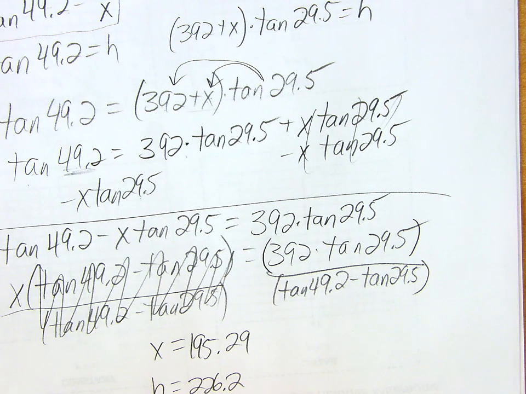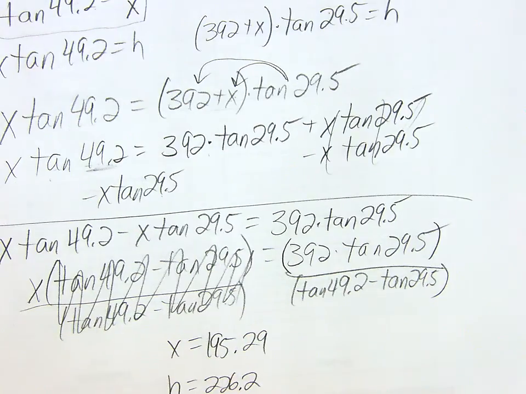Let's see if I messed it up. 392 times the tangent of 29.5, close parenthesis, divided by tangent 49.2. I made a mistake.